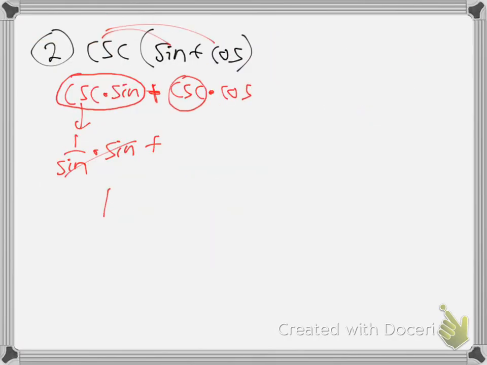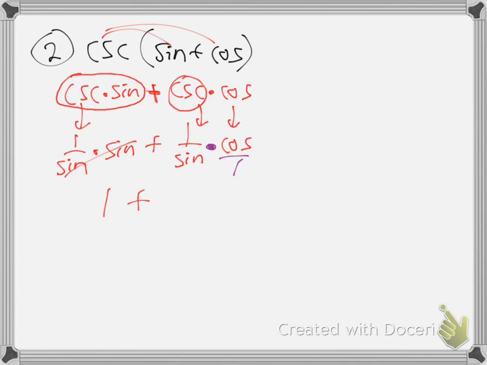What's cosecant? Again, it's 1 over sine, isn't it? So that's 1 over sine, and that's just cosine. So what do you do when a fraction is multiplying a whole number or a whole expression? Well, these are multiplied, not added.